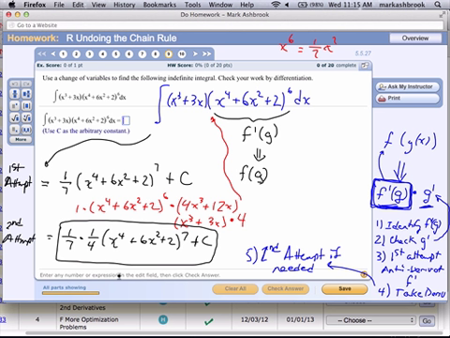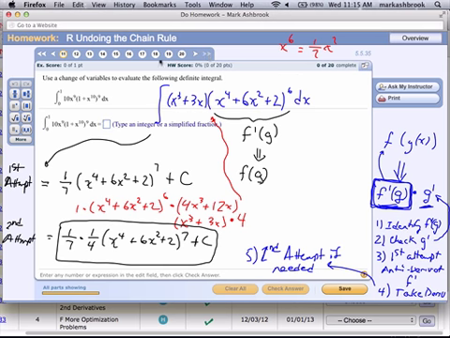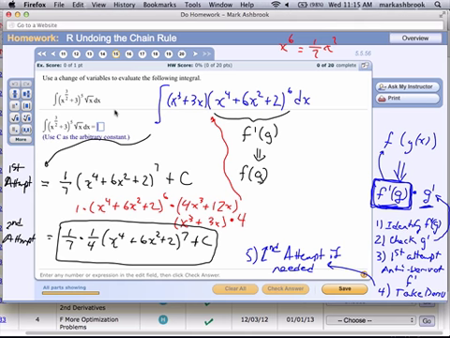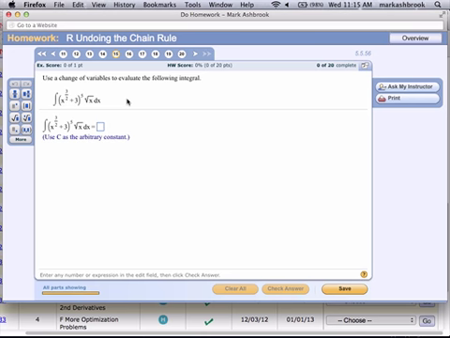Okay, so I'm going to give you a practice problem, and you guys can work on it. See how we do. I'll write it bigger. Okay, find the antiderivative.